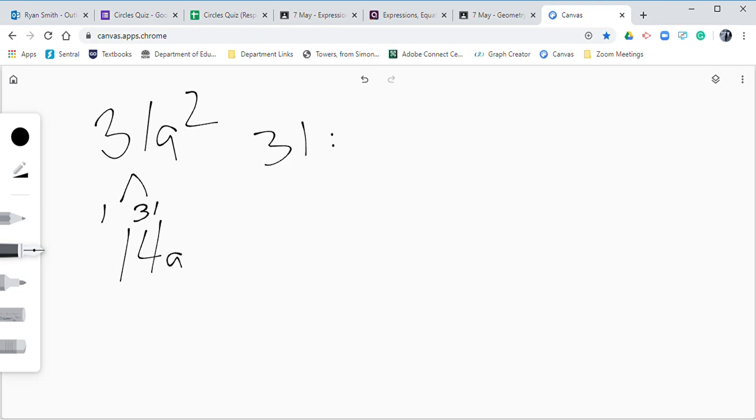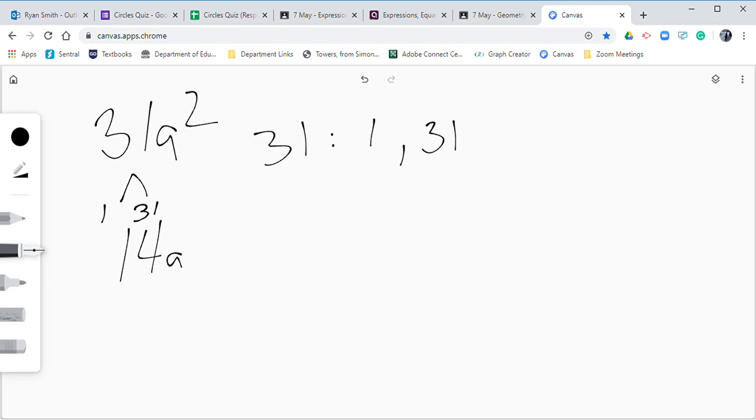So let's look at another one. I'll give you 31a squared and 14. All right, so let's list the factors of 31. I can get to 31 by going 1 times 31. It's a prime number, so I can't think of any others. So we've got 1 and 31.